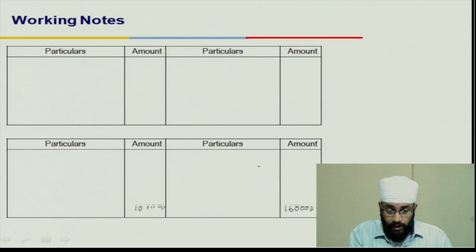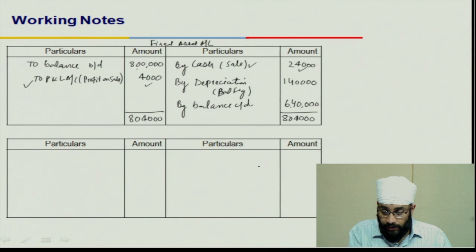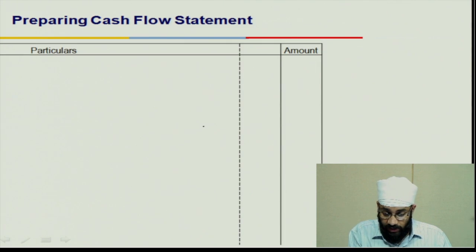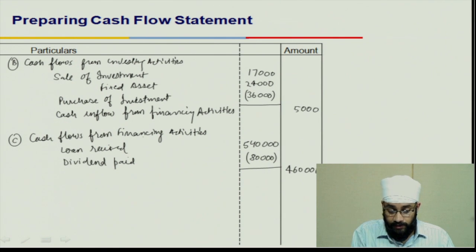Apart from this, you can look through the working notes again to ensure that no item has been left unrecorded. So we have included all the relevant items. This gives us net cash inflow of 460,000 from financing activities.